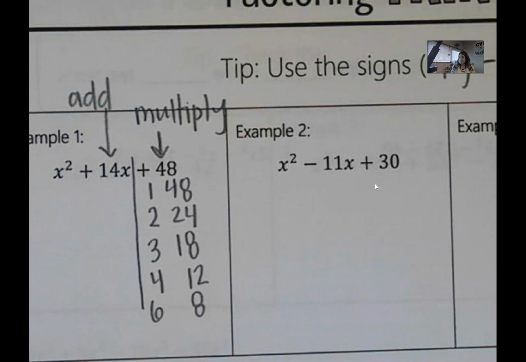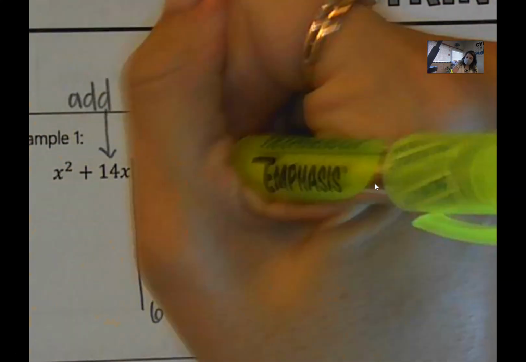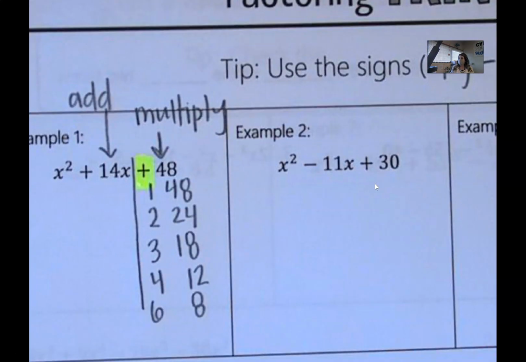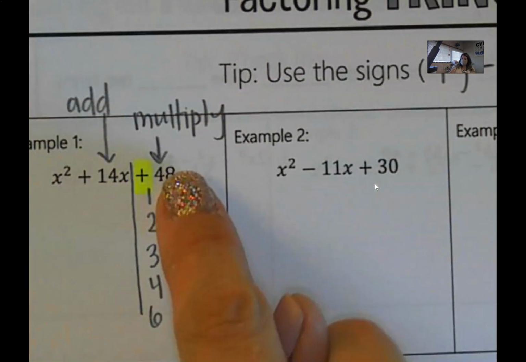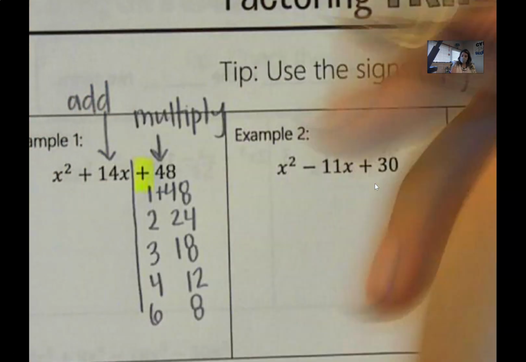The next step is you do whatever is in front of the number that you factored. So because there is a plus sign there, we are going to go through and add each of these factors together. So what I mean is we're going to do 1 plus 48.